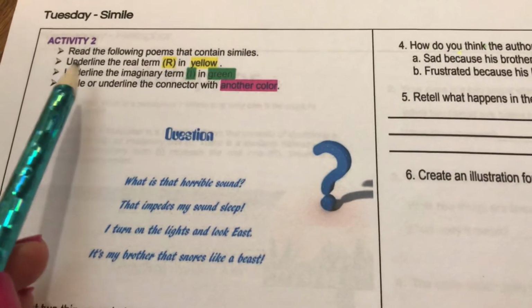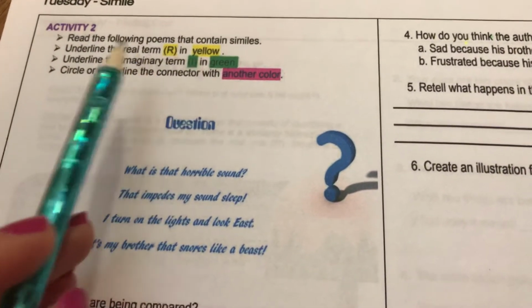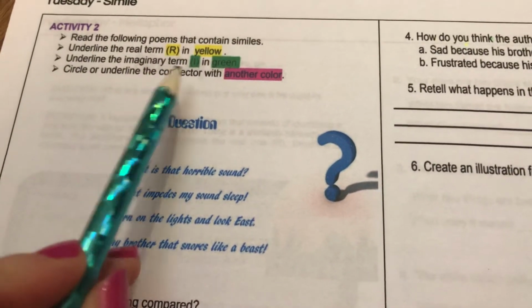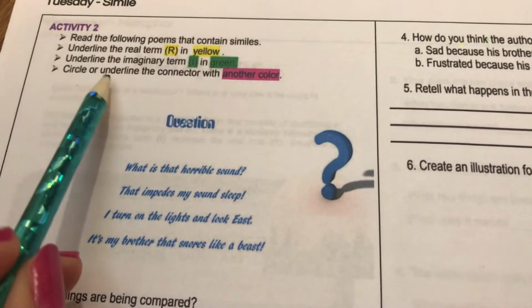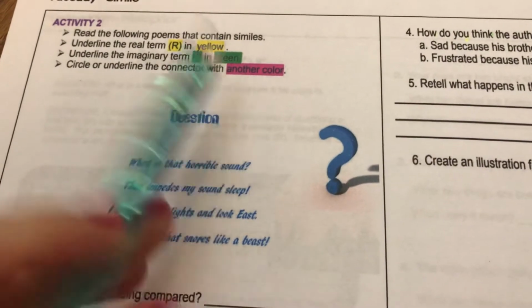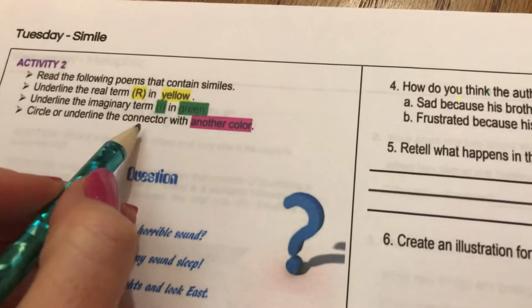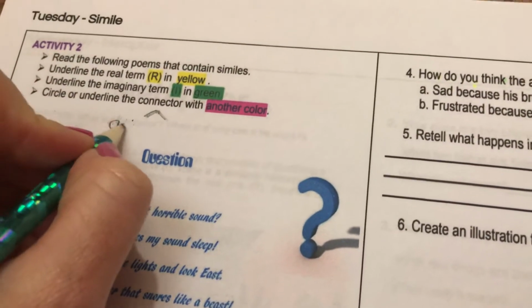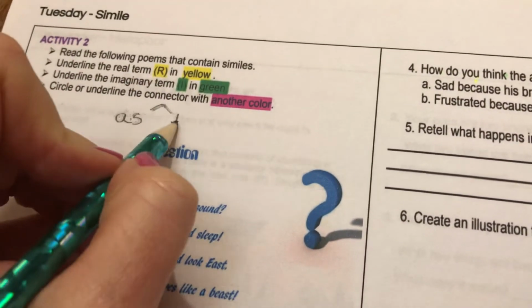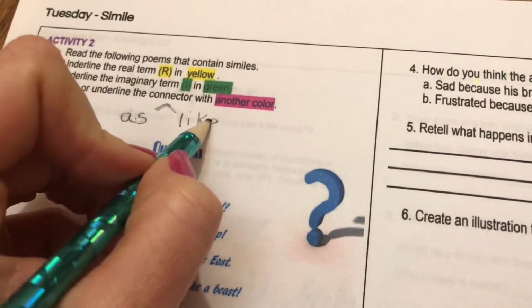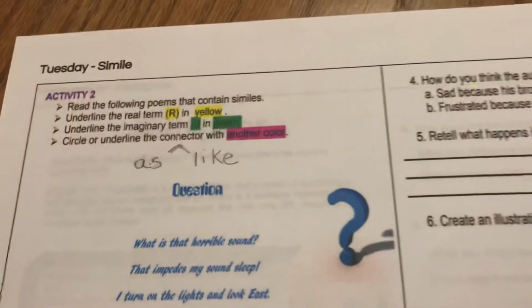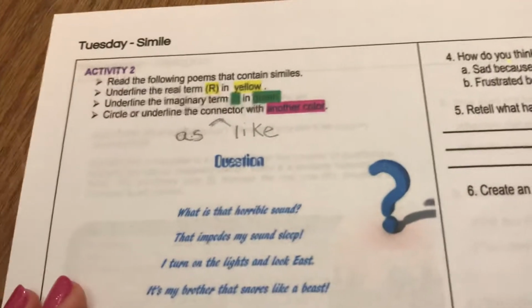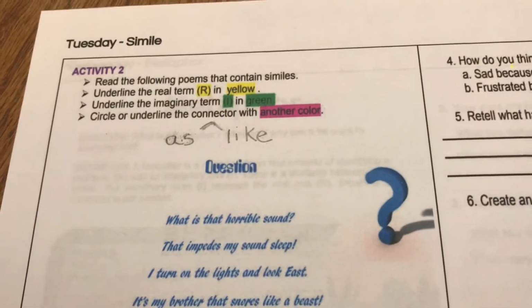And you're going to underline the real term in yellow, underline the imaginary term in green, and then circle or underline the connector with another color. Now, remember, those connectors are either as or like. Those are the only two connectors that you can use when you are creating a simile.